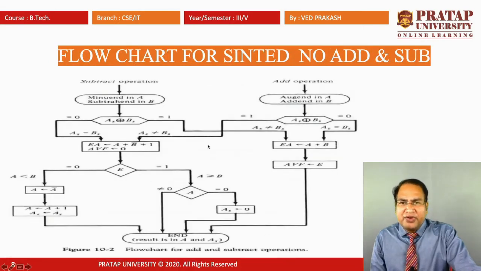Now there is a flowchart that is used for addition and subtraction of signed numbers. Here we use two ways: the first is subtraction and the second is addition. We use two registers, A and B. In register A we put the minuend, and in register B we put the subtrahend.